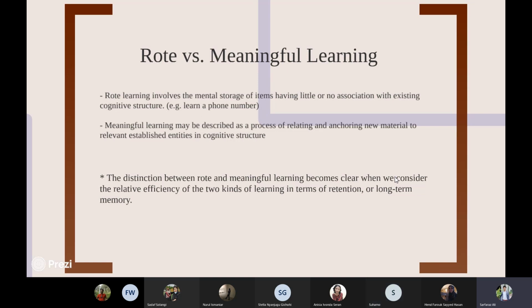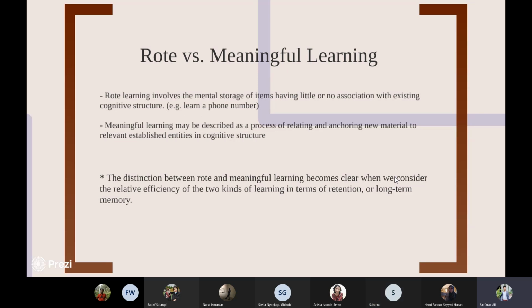And secondly, meaningful learning may be described as the process of relating and anchoring new material to relevant established entities in the cognitive structure. Indeed, when we learn new material in meaningful learning, we relate it to previously learned material or structure.